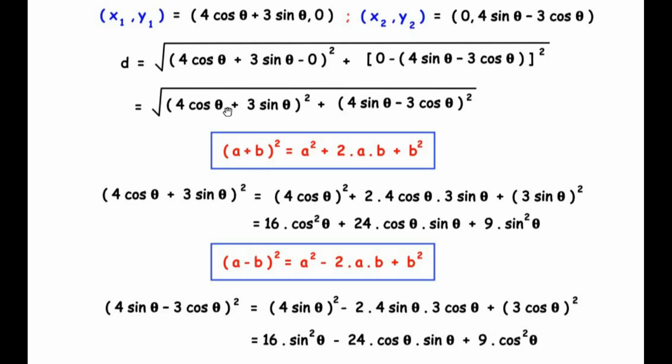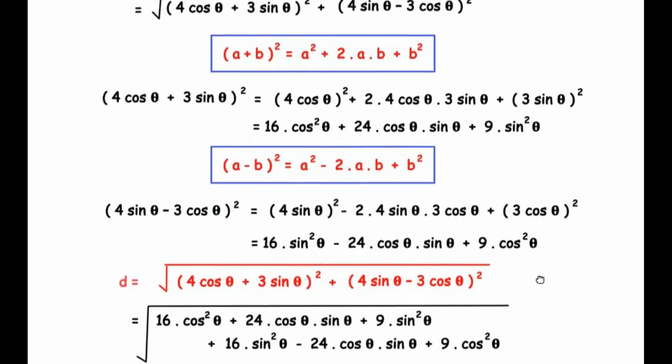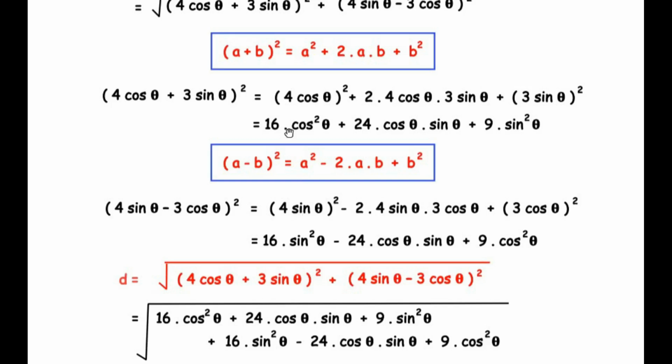Now once we have got both the brackets, let us plug in their values in the square root. D is equal to, now we have taken the square root over here for easy reference. So in place of the first term square, we have written its value, that is 16 cos square theta plus 24 cos theta sin theta plus 9 times sin square theta plus, now in place of the second bracket square, we have written its value, that is 16 sin square theta minus 24 cos theta sin theta plus 9 times cos square theta.